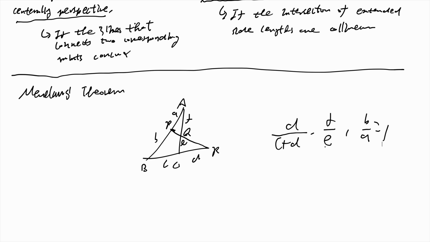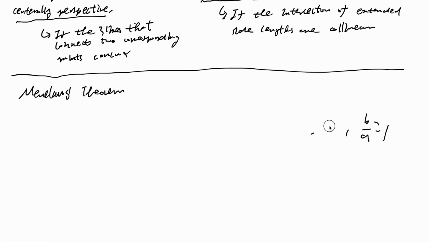I think this is the most famous form of Menelaus theorem. However, there are more cases than this, and that's why I want to somewhat generalize it. And let's say we have a triangle ABC, and we're going to extend the line.